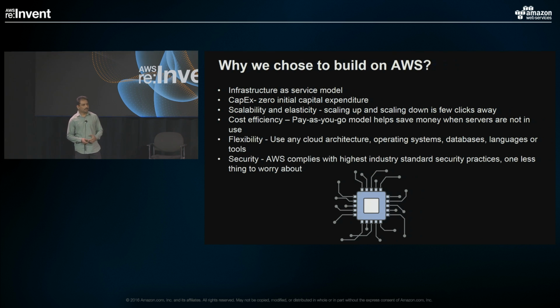AWS provides different options for us at each level of the application stack, be it the network, highly available architecture, the security layer, the application layer, or the database layer.